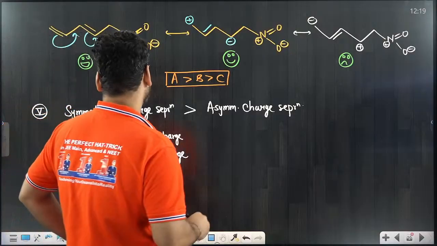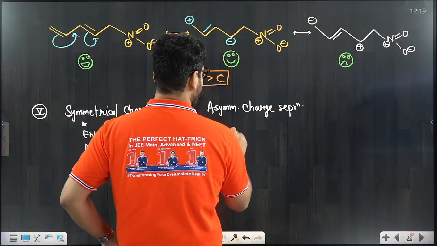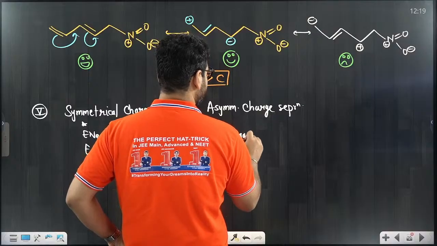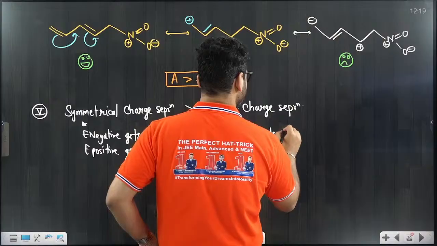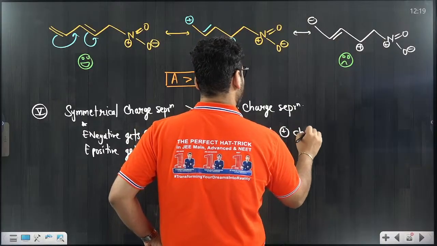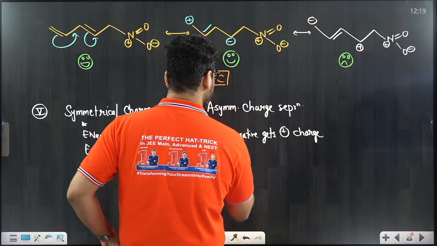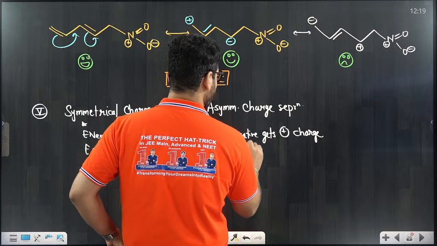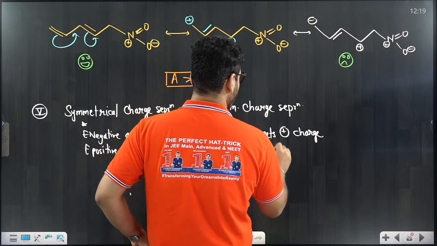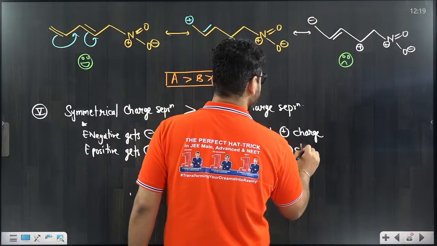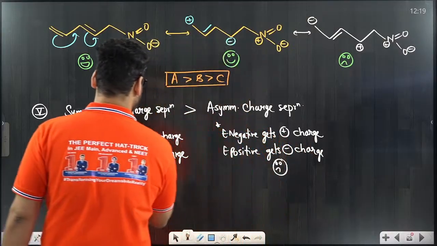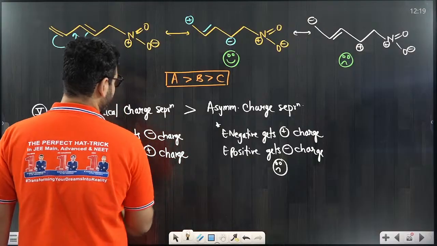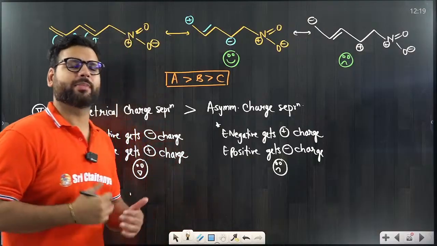And here the opposite, asymmetrical means electronegative gets positive charge and electropositive gets negative charge. This is not good. This is good. But only check it at last. Don't check it in between.